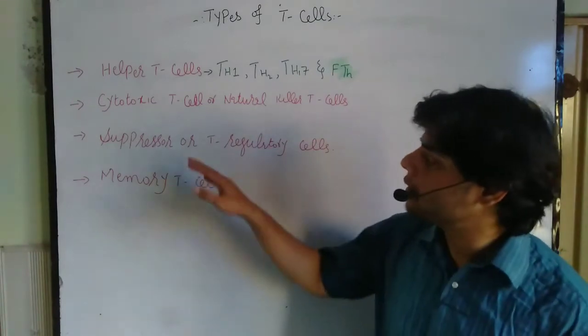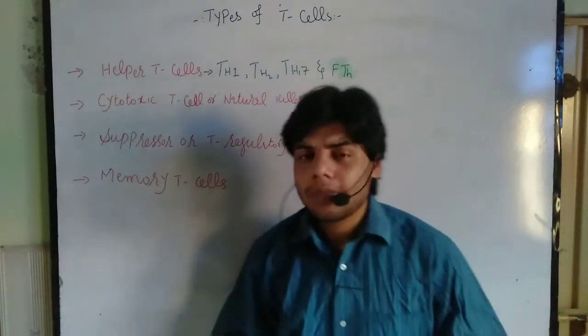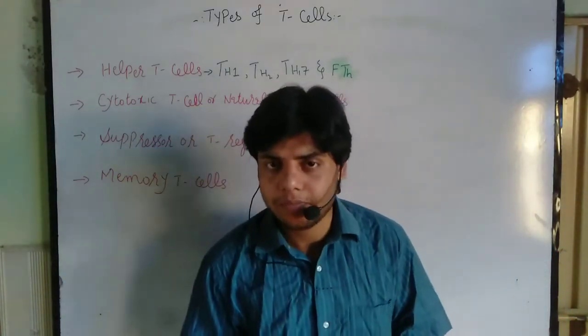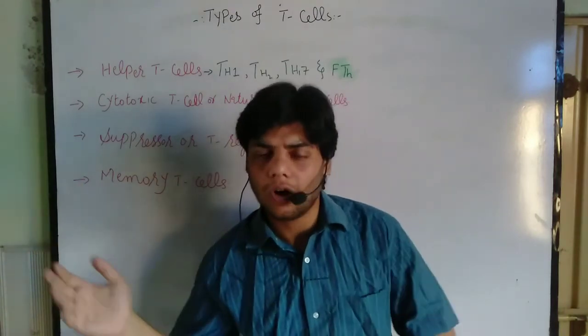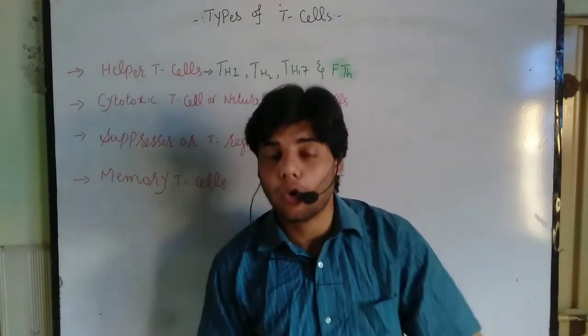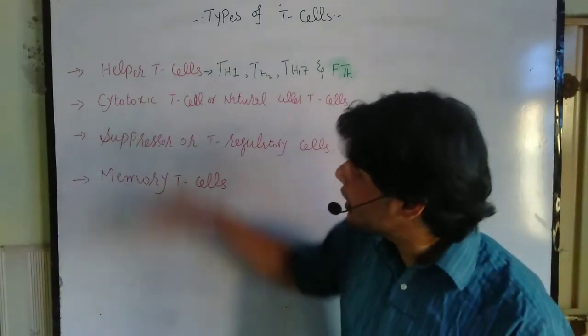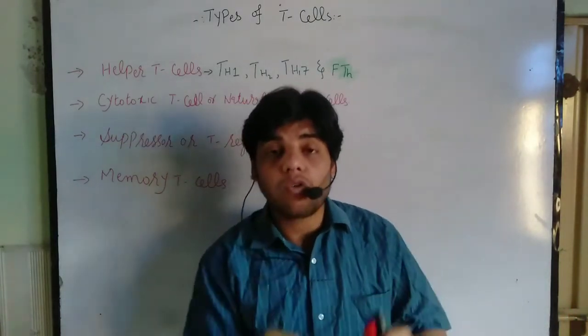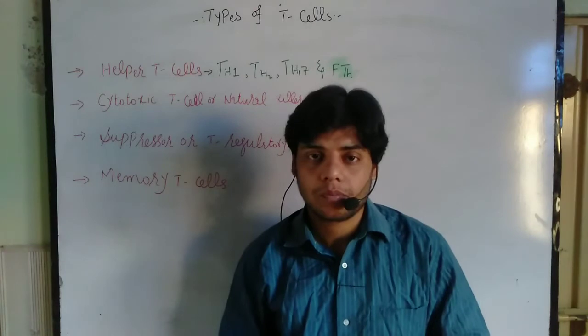After that, what happens? During this time, different T cells get activated, and they start killing the infection, or killing the microbes. After that, the T cells will store the information of that microbe.